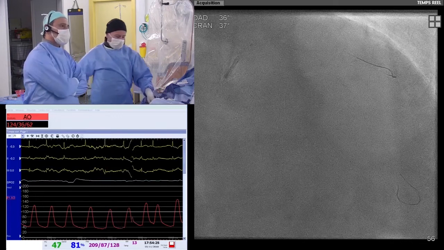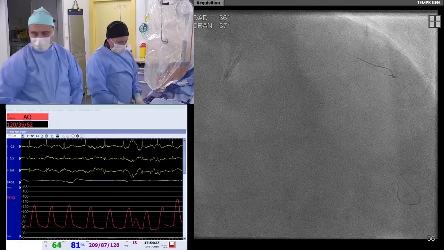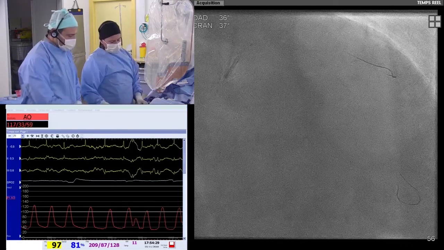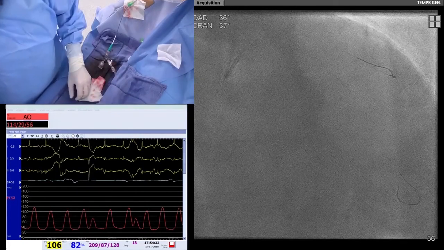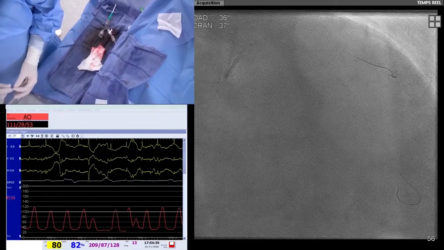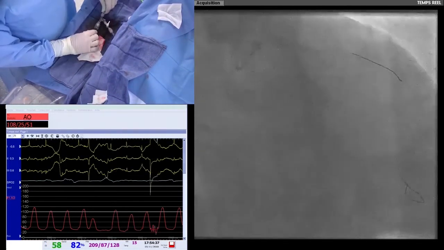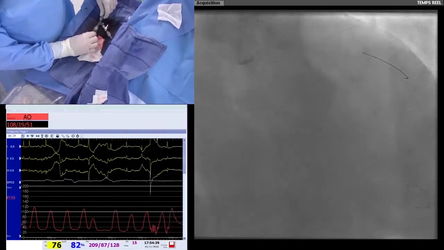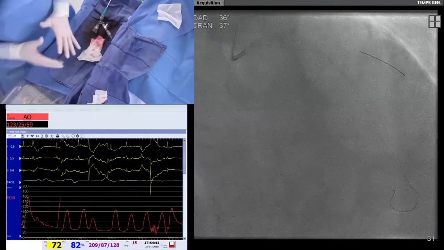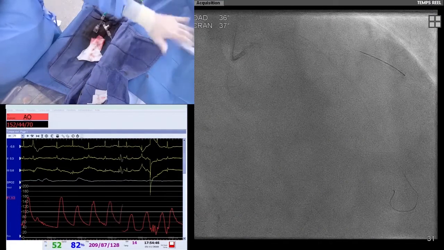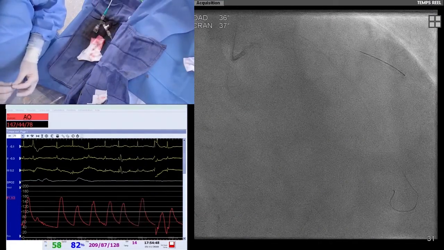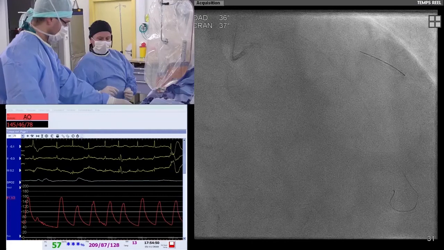You know, there are 2 wires, the rota wire which is inside the LAD, and also the other Samurai in the diagonal branch. Let's hope we can make it. A little bit down. Yes, the pressure decreased because the guiding is being sucked in. Let's hope that we can make it with a 48 millimeter. I have the impression that it's going to be a very long stented segment.